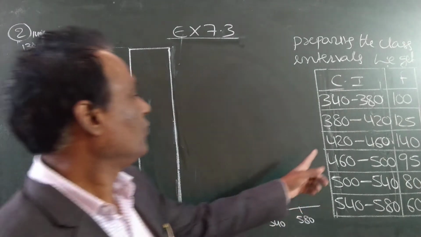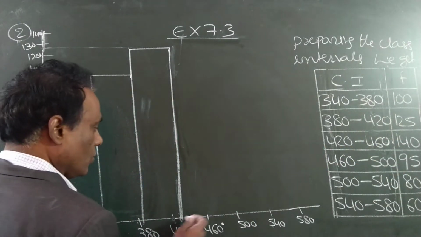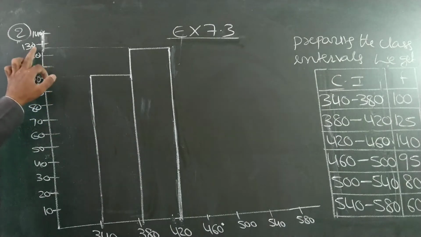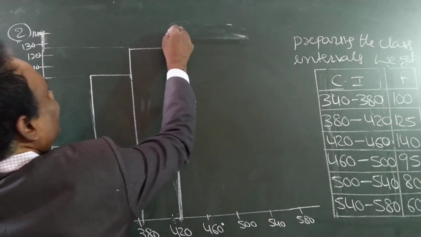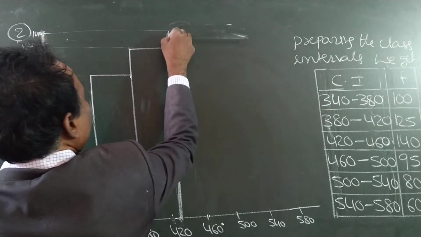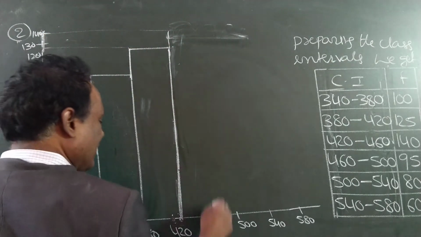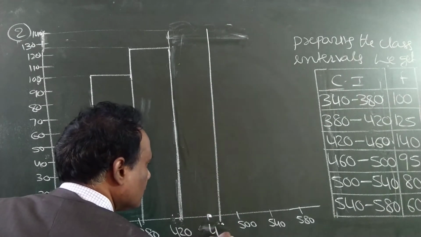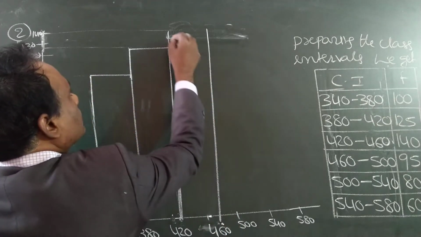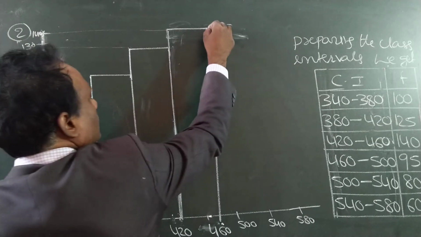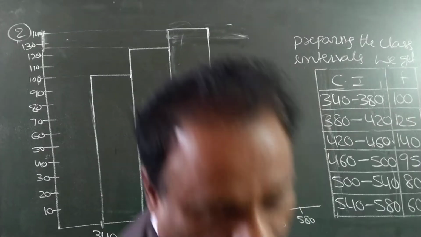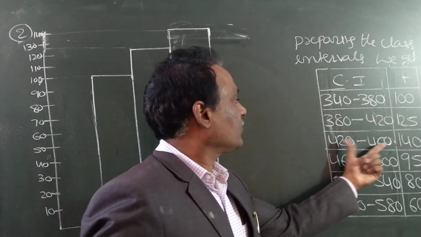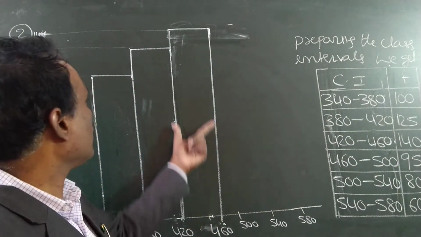Next, 420 to 460, up to 140. 140 is here. Start from 420 to 460 up to 140.